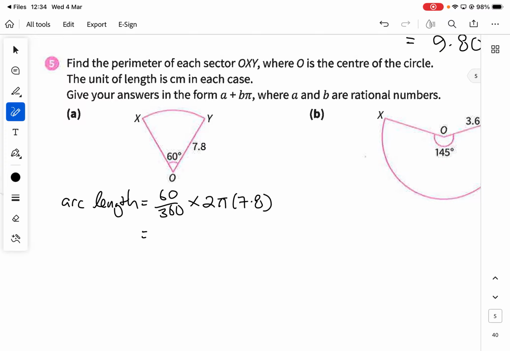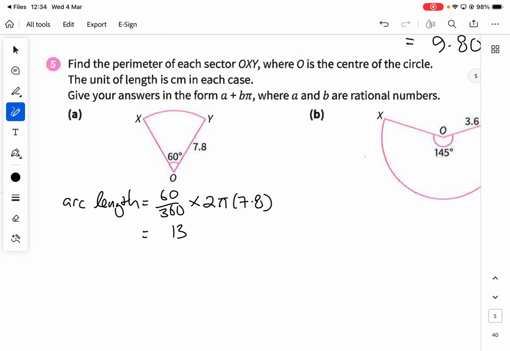But I don't only want the arc length, I want the perimeter. So perimeter is equal to the arc length plus the radius plus the radius.